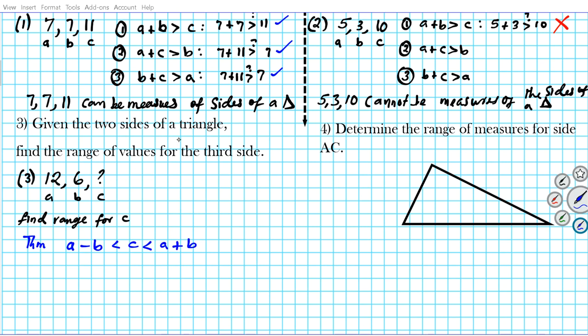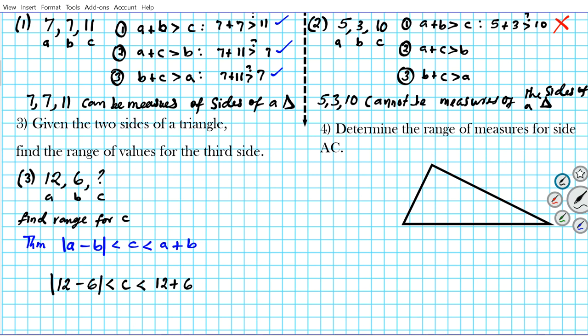All right, and then oh snap, we need to put in an absolute value here because we just care about the magnitude of the difference. So this could be a negative. All right, so let's do it. So if we substitute our values in here, A minus B in this case, 12 minus 6, the difference between the sides, is the lower bound for C, and then C has to be less than the sum of the two sides in order for you to be able to create a triangle.